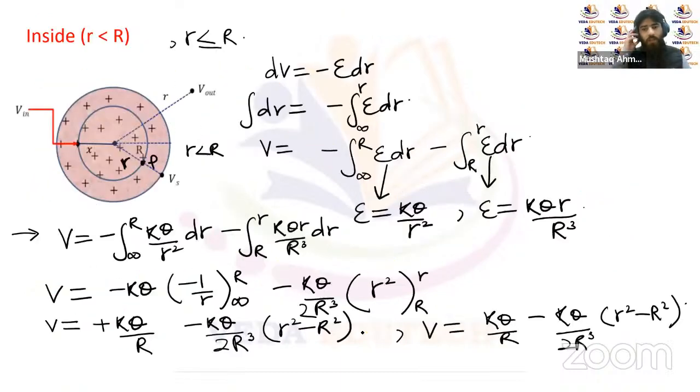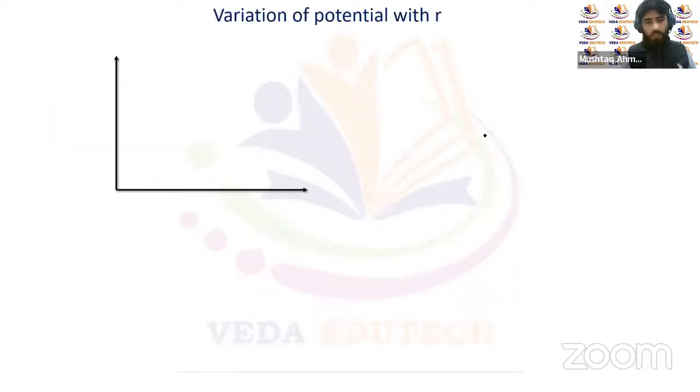And for the inside region, you can see how the potential is varying. It's varying as r square. So inside the region, the potential will be varying like this. We'll plot V versus r here.